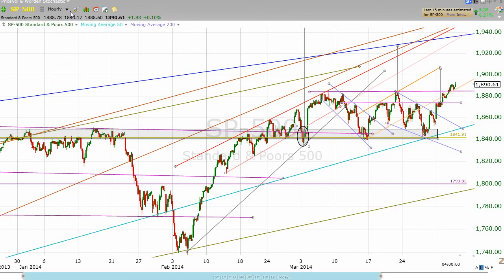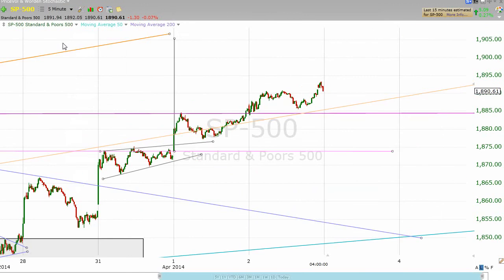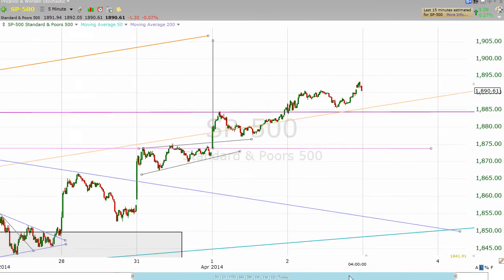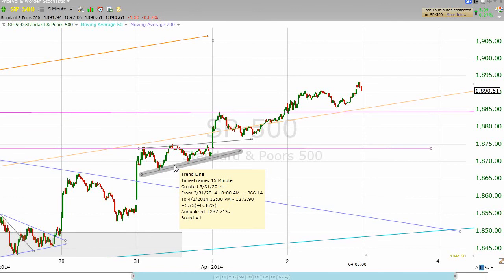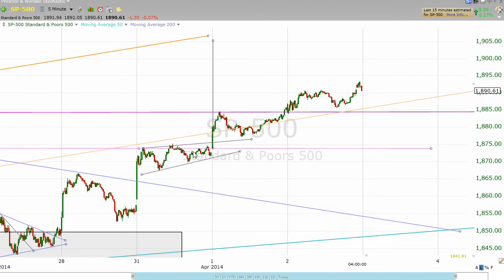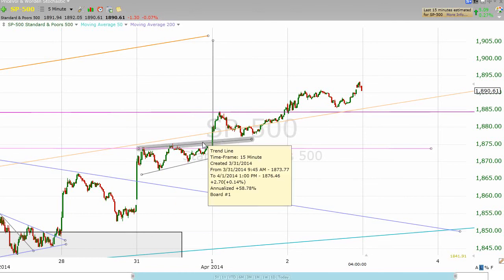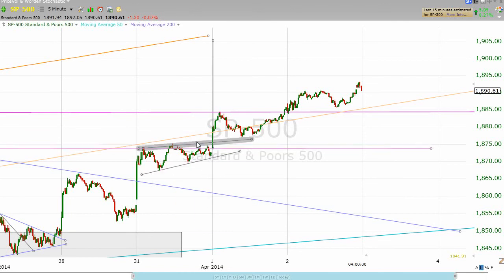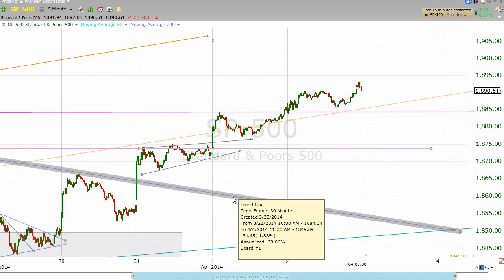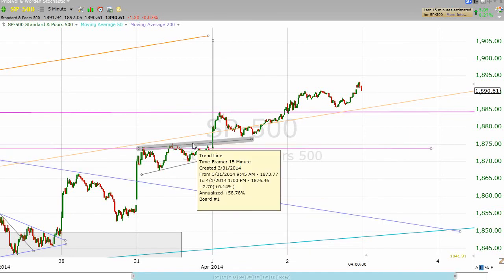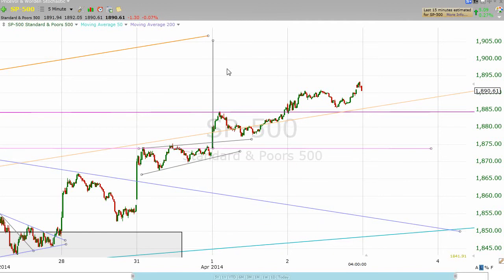So guys, looking at a 5-minute chart, we pointed out on Monday that it looked like we may have been making either a little reversal here to back test our broken support line, or a bull flag. Obviously that was confirmed early yesterday as a bull flag. We've already talked about that.